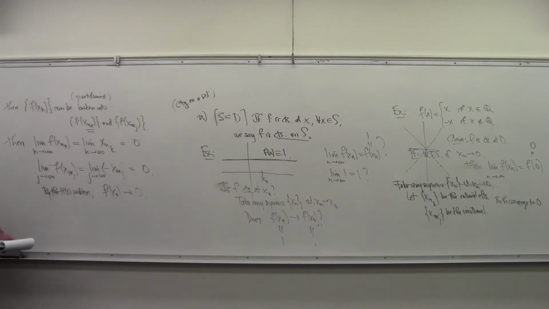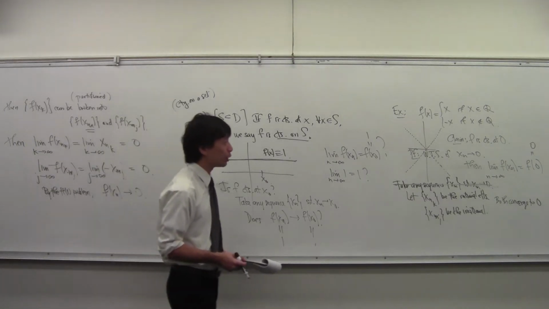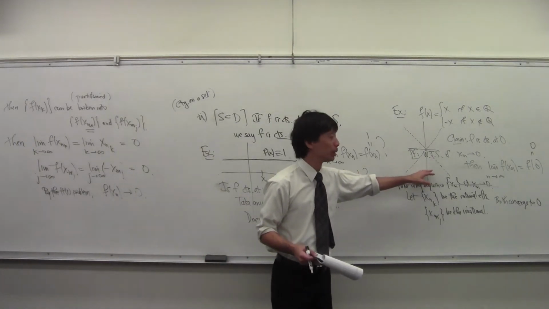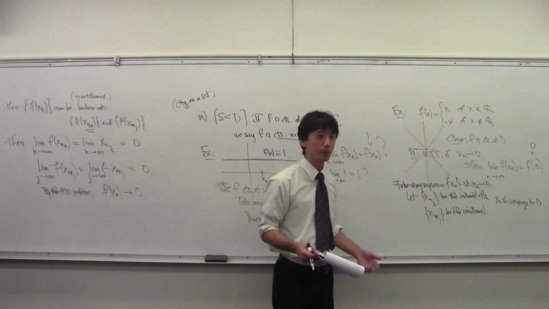Which is not at all how I was going to prove it, but that's great. If you didn't think of the homework problem, which is kind of a funny way to do it, you could prove it directly. You could use some epsilon-N argument. That's one way to do it.